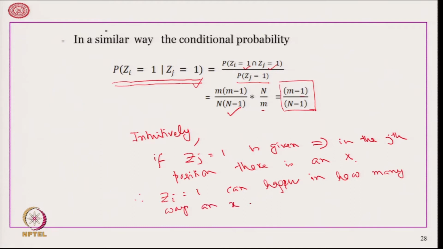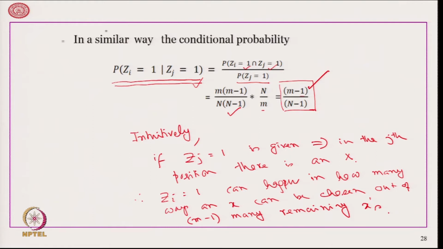An x can be chosen out of small m minus 1 many remaining x's. Thus, we get m minus 1 in the numerator. In the denominator, it is very natural that out of the remaining capital N minus 1 observations, anyone can come there. Therefore, the probability is going to be small m minus 1 upon capital N minus 1.